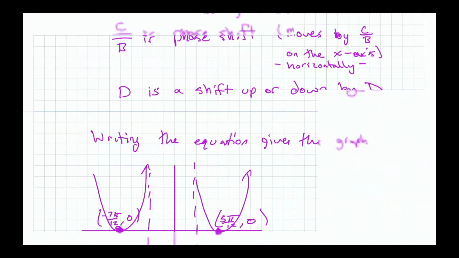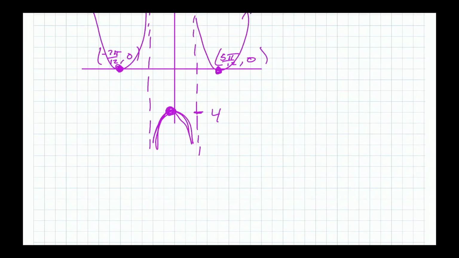Now, what is it on ours? The distance from there to there is 4, right?